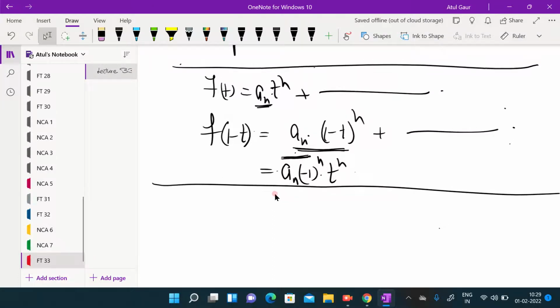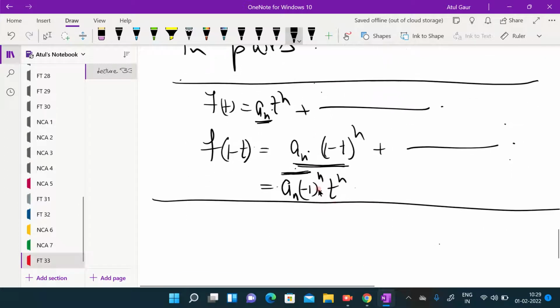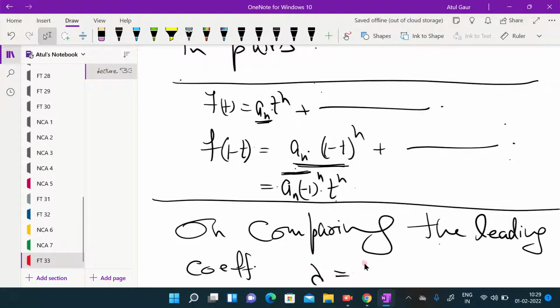So both sides have the same leading coefficient. That's the information I am getting. So I can compare the leading coefficients, right? On comparing the leading coefficient, what I will get is lambda is 1, which is the same as mu.